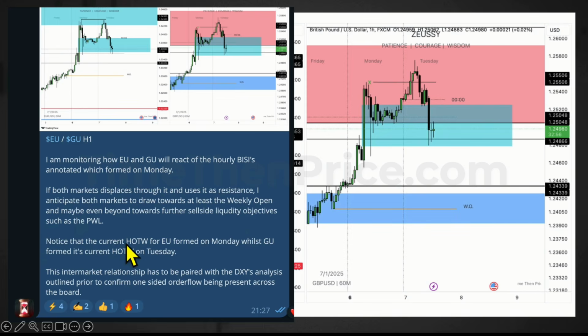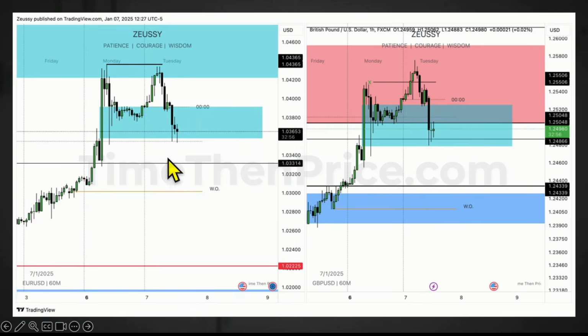Notice that the current high of the week for Euro formed on Monday, whilst for GU it formed on Tuesday. This intermarket relationship has to be paired with the dollar analysis, the DXY analysis outlined prior, to confirm one-sided order flow being present across the board. What I outlined was this specific BC. This BC was the range which I was monitoring on Euro to gauge the order flow.